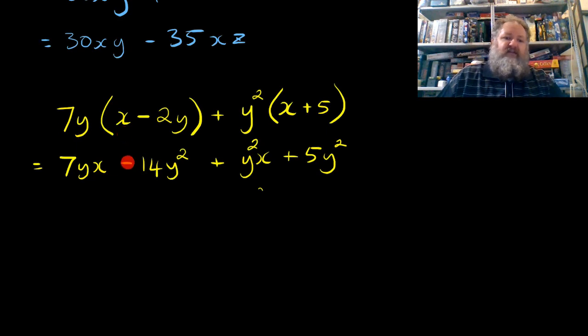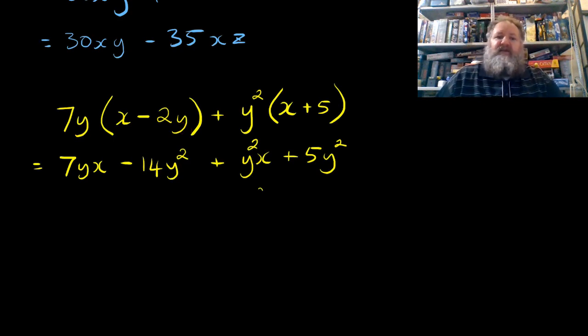And I've shortcutted so that we didn't go through the long process of where the signs go up here. So the 7y is multiplied by a negative 2y to get negative 14y squared. Don't forget, if there's a y on the outside and a y here, it'll be squared or cubed or whatever it is.